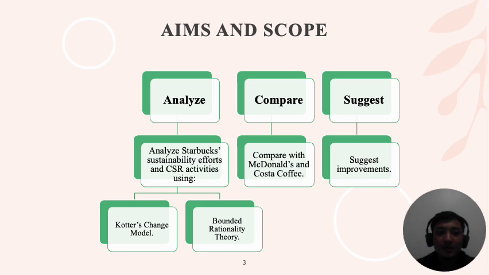Second, we have also used Simon's theory to investigate how Starbucks decisions are affected by real-world limitations such as cost, data availability, and operational complexity.